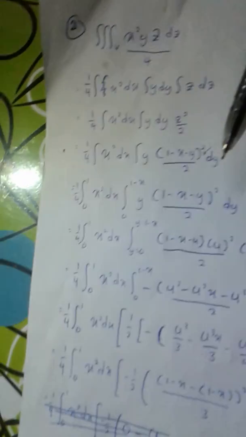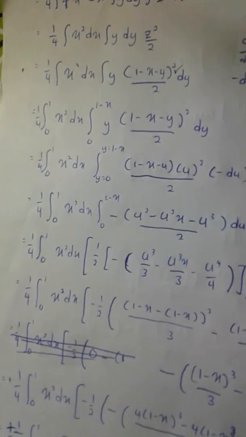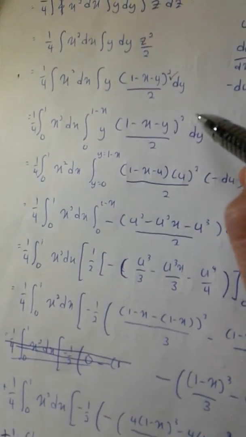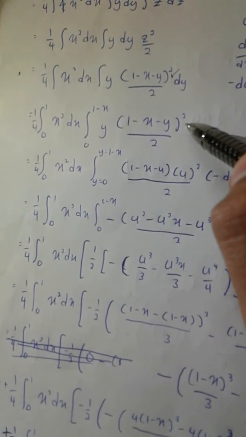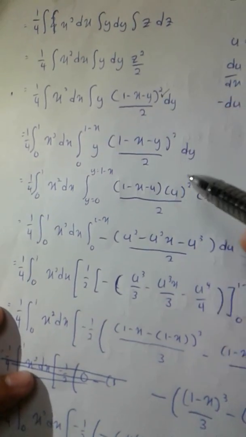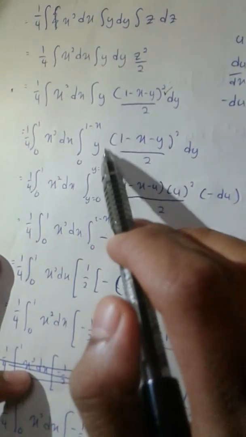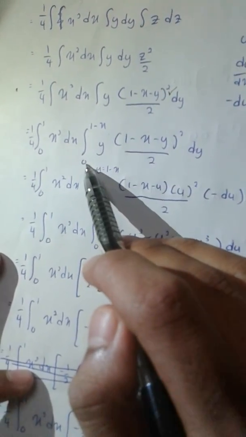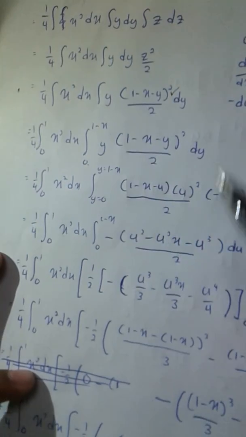From here we know that the upper limit for y is 1 minus x and the lower limit is 0.